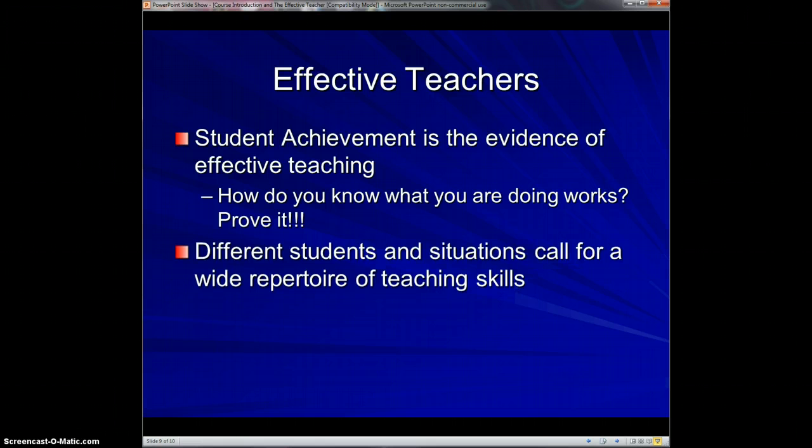Another thing to keep in mind throughout this course is that different students and different situations call for many different things. So as professional teachers, we need to have so many ideas and strategies under our belts. And that's what this course is about.